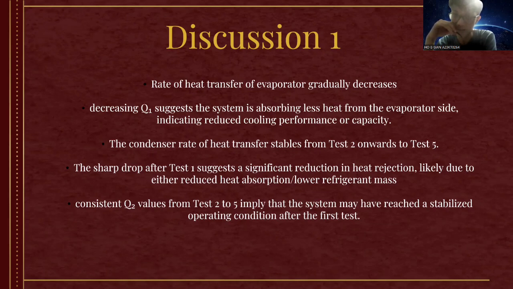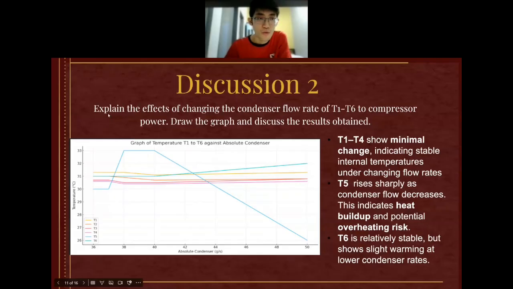In discussion 2, we will explain the effect of changing the condenser flow rate for T1 to T6 to the compressor power. This is a graph of temperature T1 to T6 against the SLU condenser, where the y-axis is temperature and the x-axis is SLU condenser.